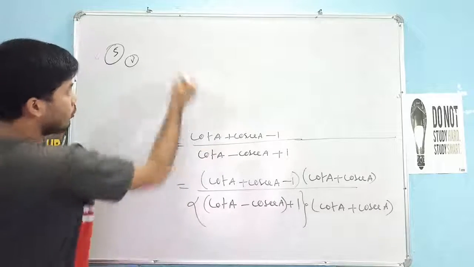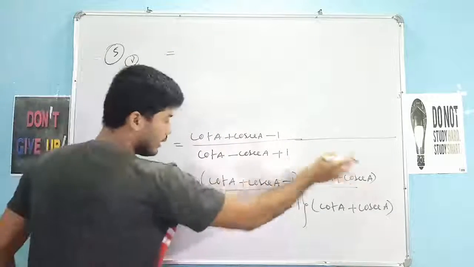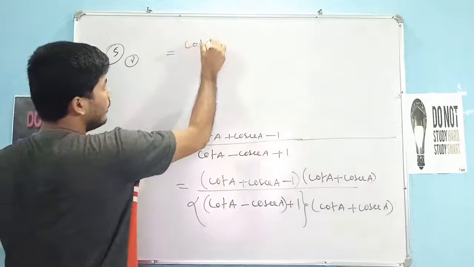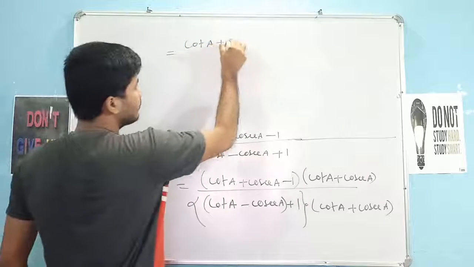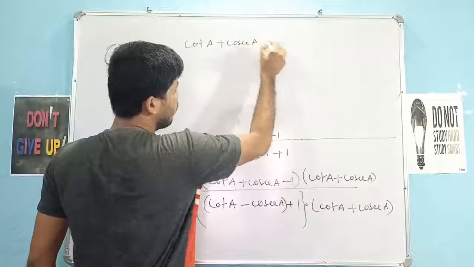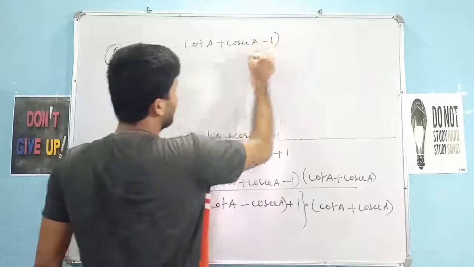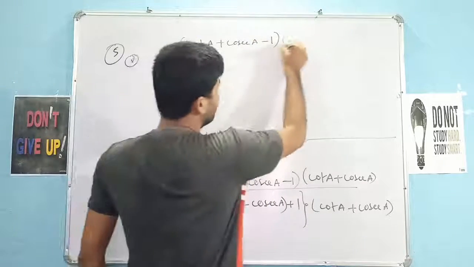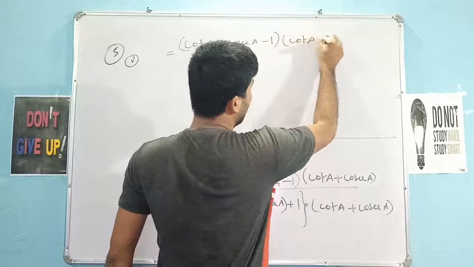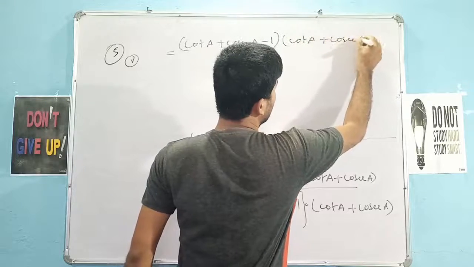The numerator we keep the same: cot a plus cosec a minus 1, and this is cot a plus cosec a.